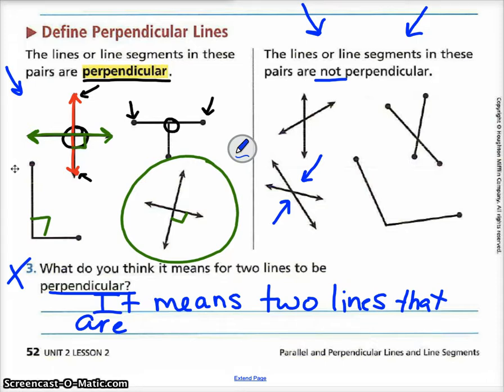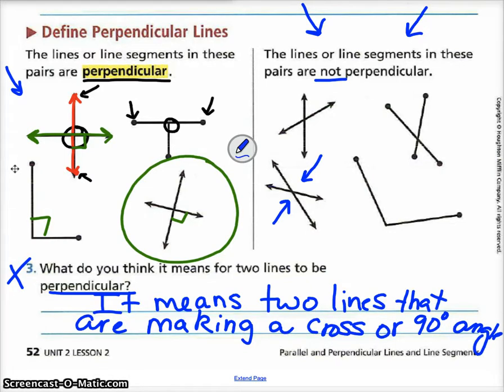So that are forming a perfect cross or a 90-degree angle. Excuse me, third graders. Or 90-degree angle. Thank you, Miss Anderson. That was a good clarifying point.